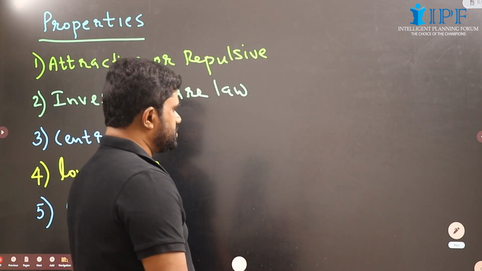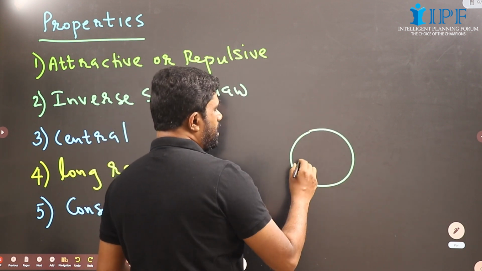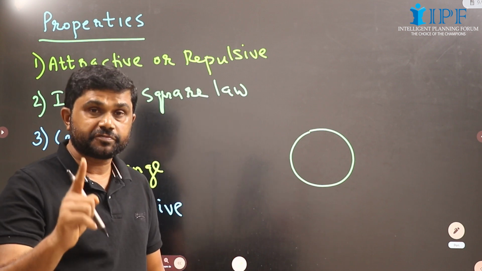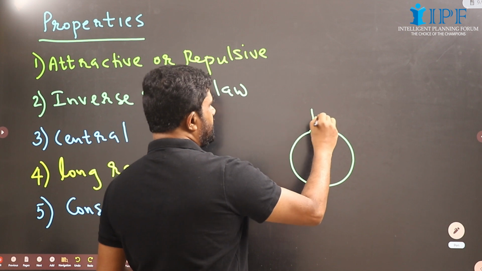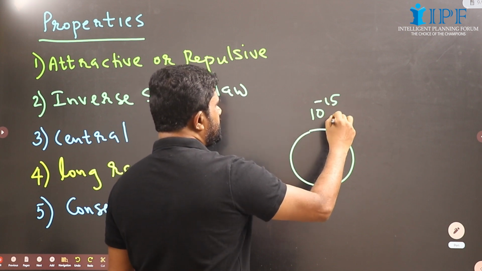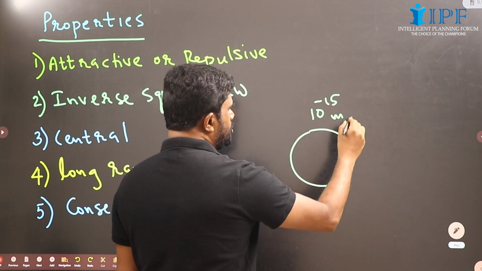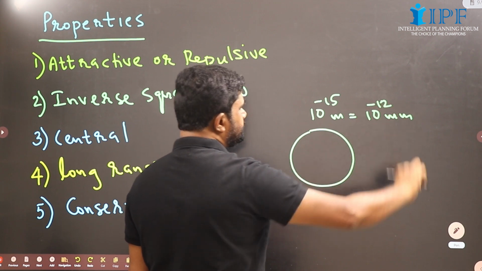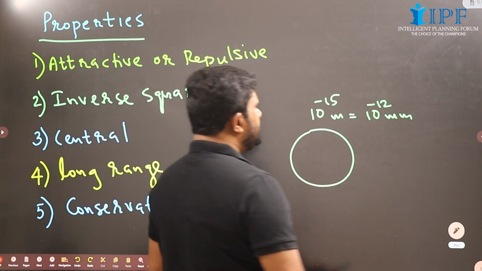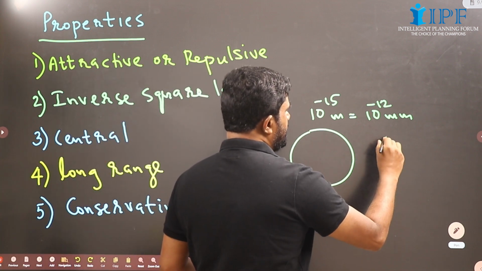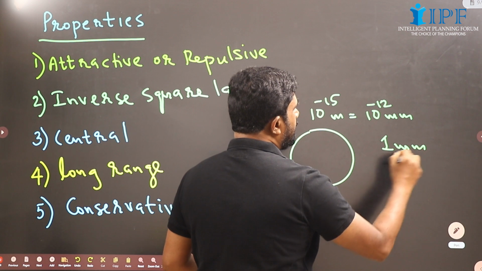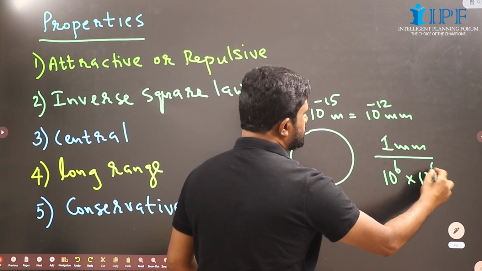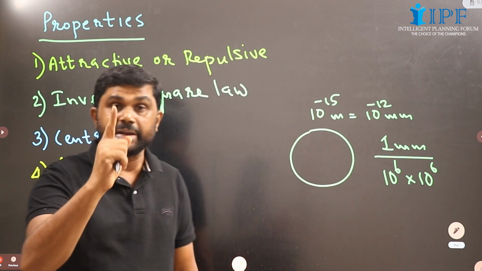In the nucleus there are neutrons and also protons. The diameter of the nucleus is, say, 10 raised to minus 15 meter, or this is equal to 10 raised to minus 12 millimeter. That means 1 millimeter divided by 10 raised to 6 into 10 raised to 6. What is 10 raised to 6? It is 1 million.